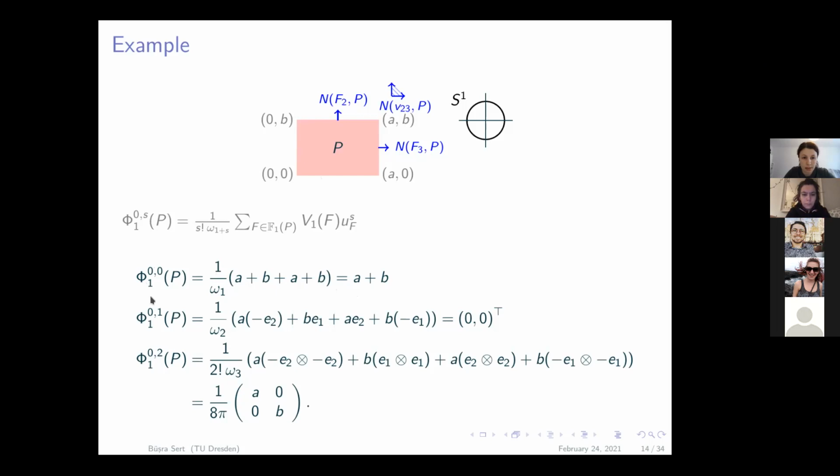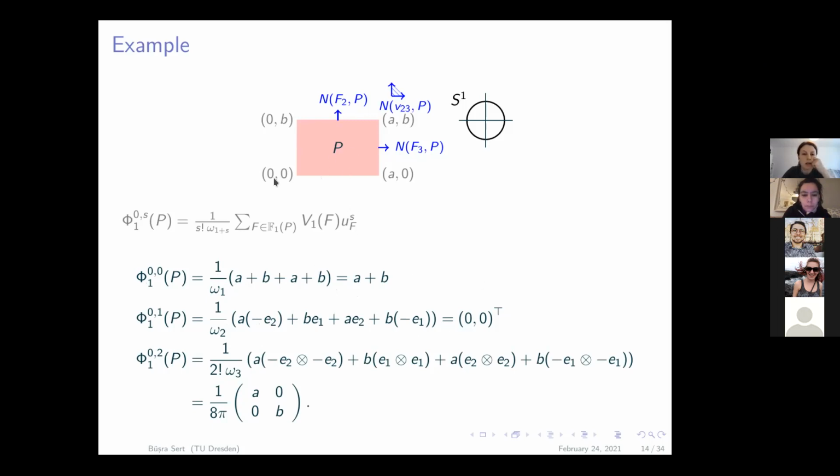When s equals 1, so we were taking a sum over every facet, now we also have this rank 1 tensor. So for each facet, we will have the volume of the facet times the outer normal vector, and we take the sum over them. So in this case, for our polytope, it's 0.